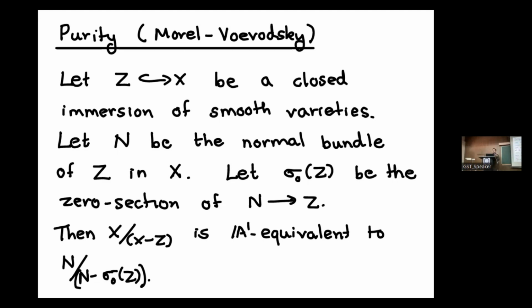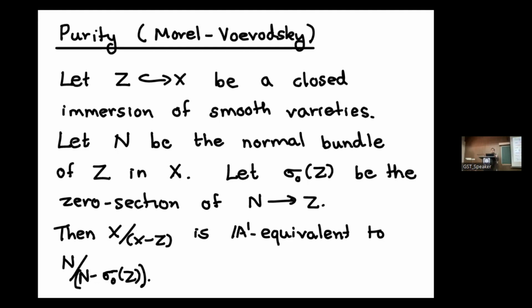If I take any sheaf and I take a subsheaf, then I can take the quotient, which will be a pre-sheaf, and then I can take the sheafification of that. So this is the quotient in the category of sheaves. So this is just some very abstract Nisnevich sheaf. This is even equivalent to N modulo N minus the zero section.